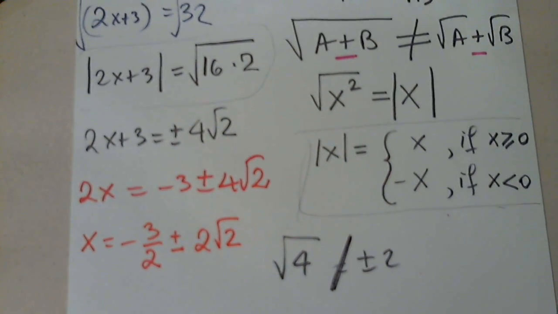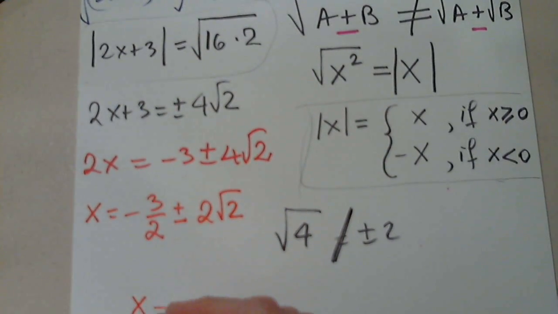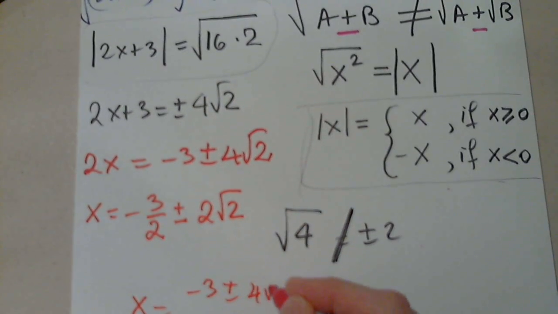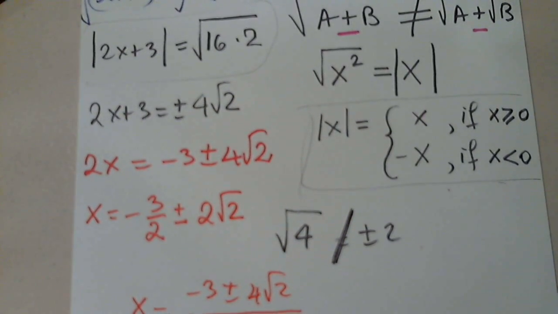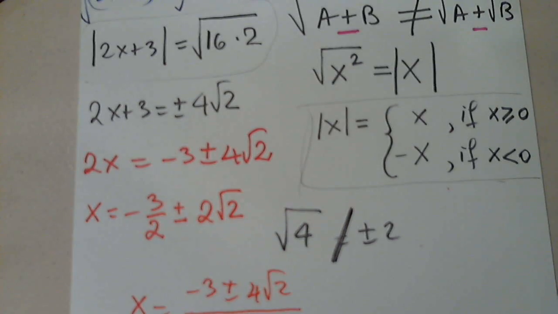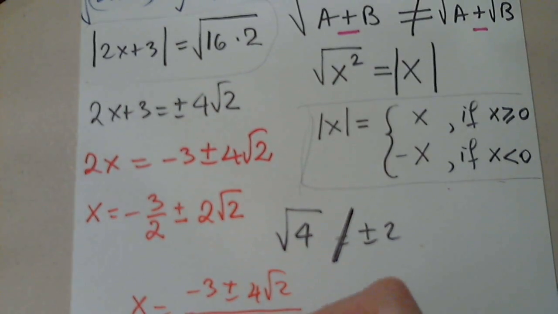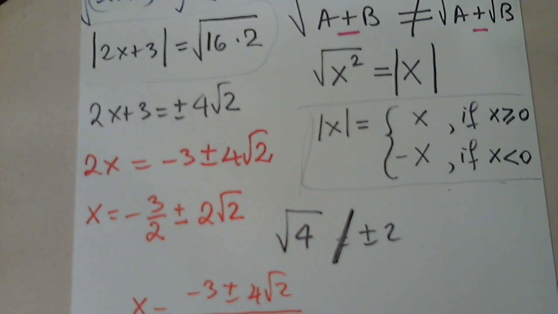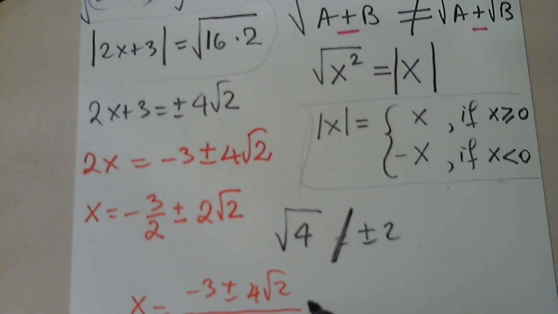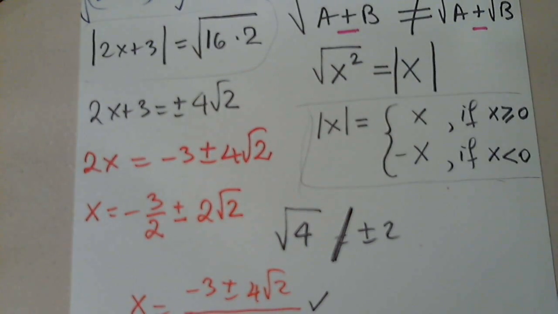No. But what will be incorrect is this. And I've seen it many times. Students simplify this 2 with this 4. Please do not do that. If you leave it alone, it's okay. But if you start simplifying a piece of a term with a factor in the denominator, then that would be incorrect.